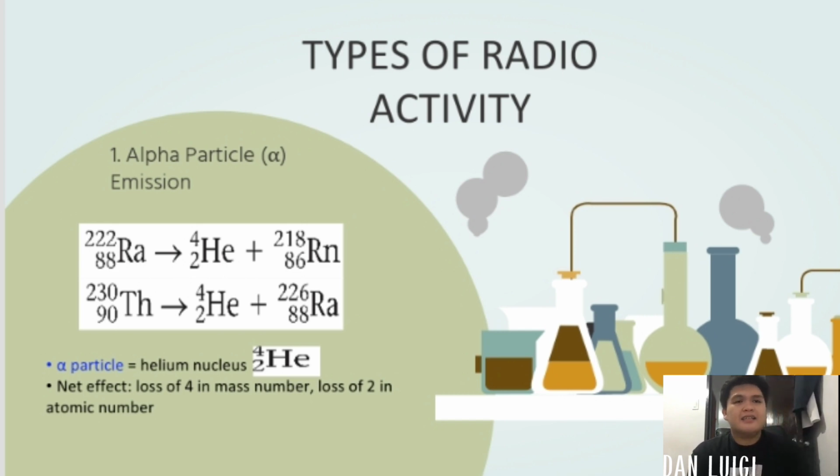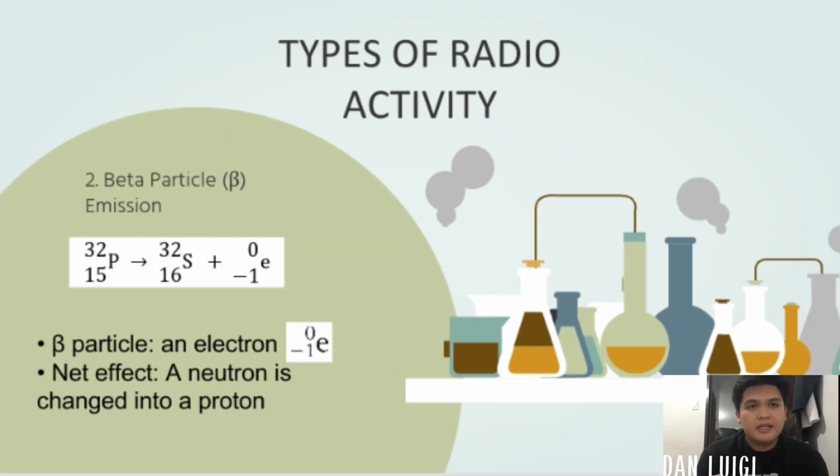And next, the second type is the beta particle, and the symbol of this is like the capital letter B, and these beta particles are electrons. Each has a charge of minus 1.